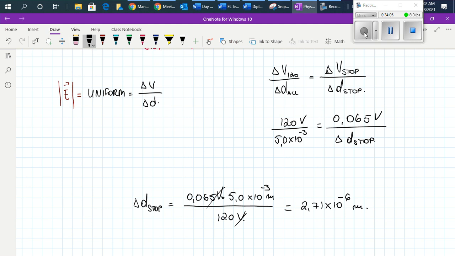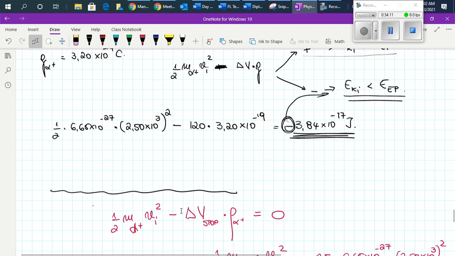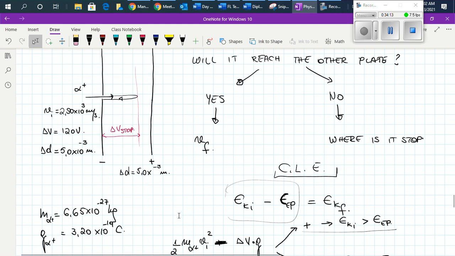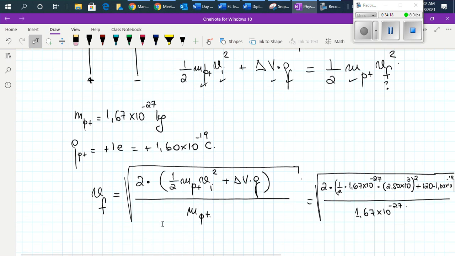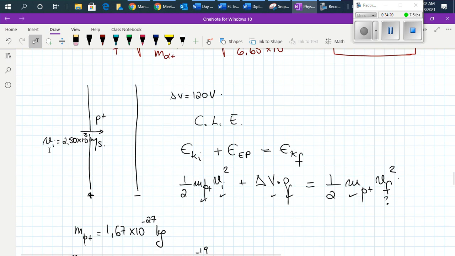Okay, so this is how you deal with those questions, and we'll see more questions like this when we are in class. Now, what I want you to do is to revisit the previous example and say what will happen if we switch the polarity.